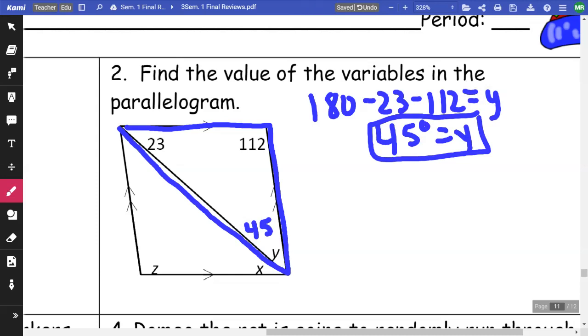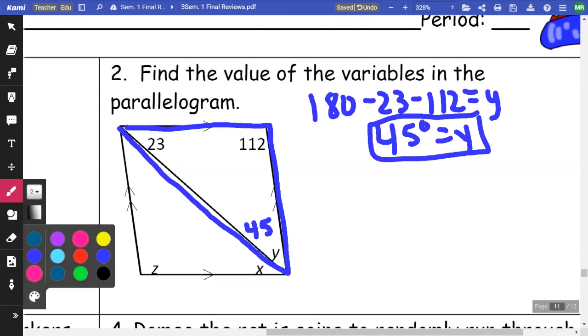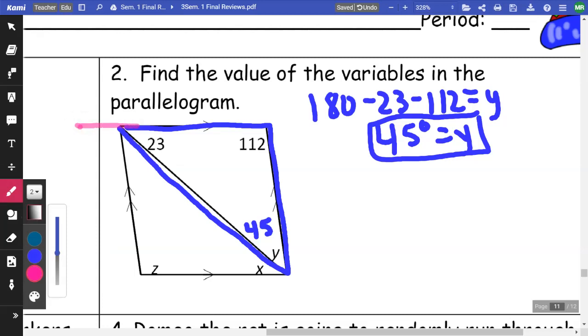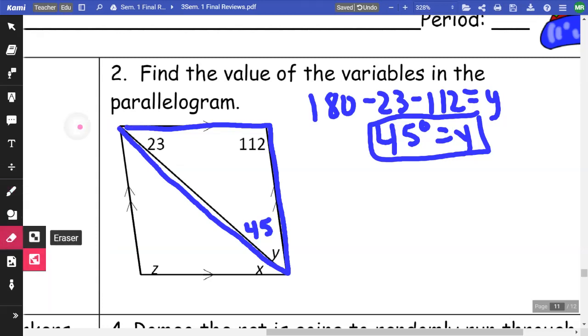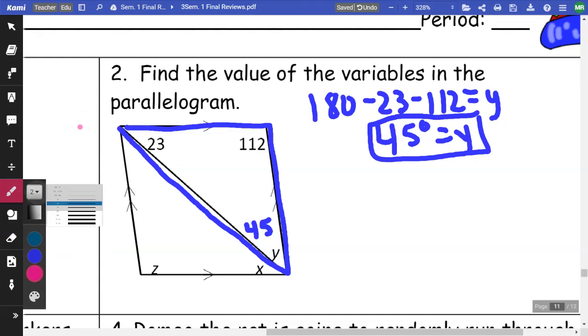Now, in this situation, I do have some parallel lines. So I have this parallel line, and I'm going to extend it and make it a little lighter, and a little fatter.